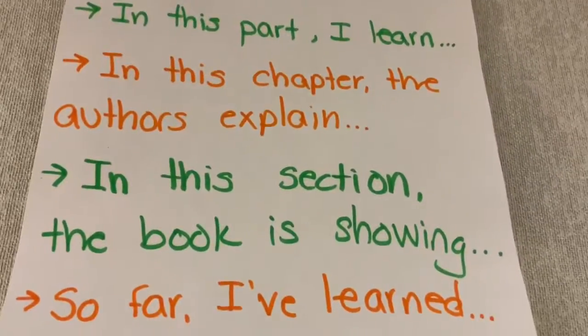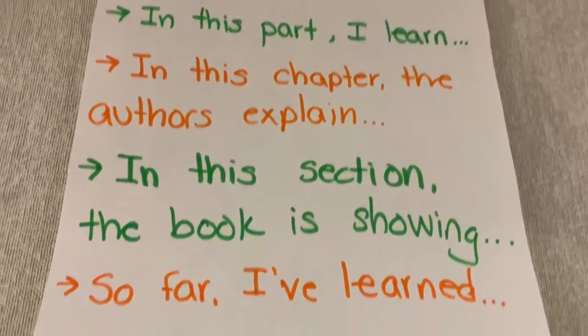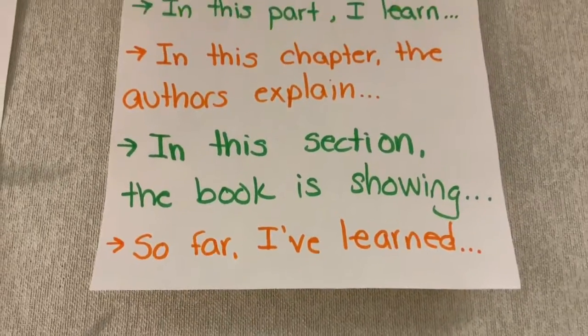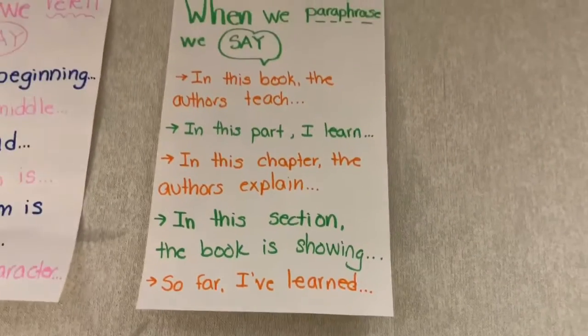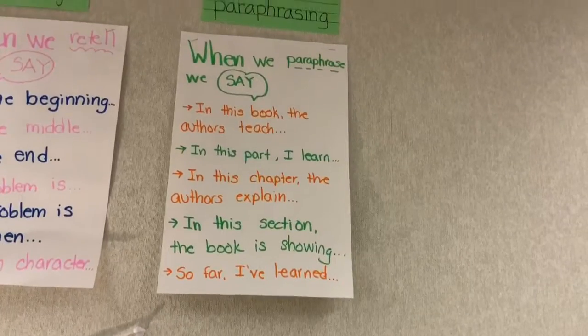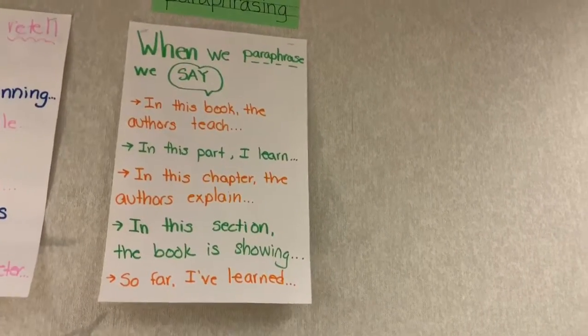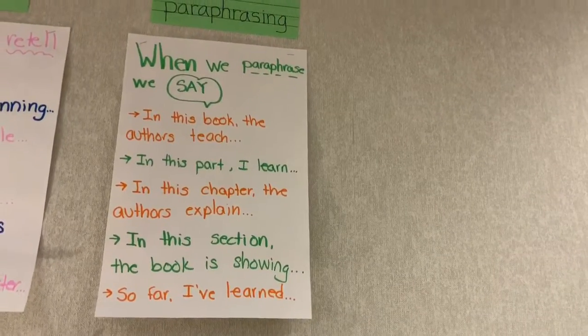In this section, the book is showing me about how plants grow. So far, I've learned. So these are words and phrases we use when we're paraphrasing. Remember, paraphrase means telling what we've read in a nonfiction book in our own words.